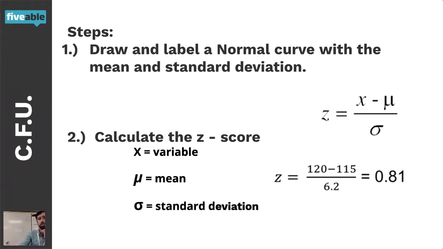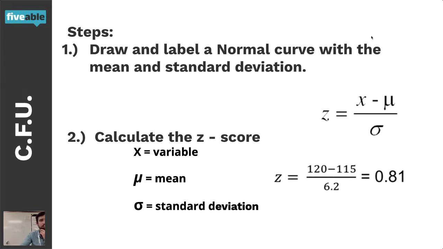And then we'd calculate a z-score. So again, here's the formula for z-score. X is the variable or the number that you're looking for, mu is the average, and s is the standard deviation. So I have a z-score of 0.81.